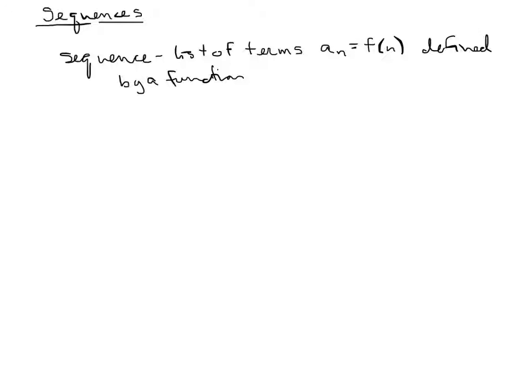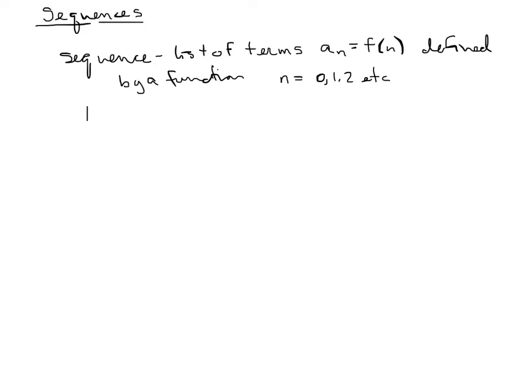We usually use n as the index, and n is usually equal to 0, 1, 2, etc. It's usually whole numbers. Sometimes it starts at 1, sometimes it starts at 100, but in general, when we think of n, we just think of whole numbers.